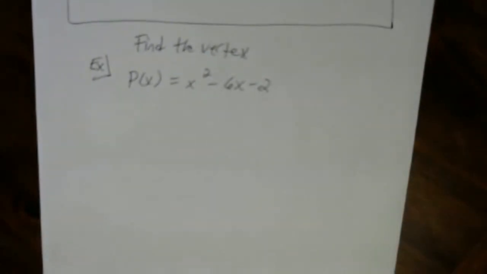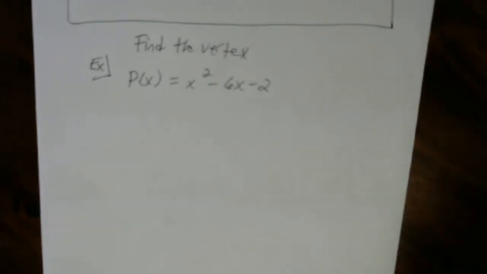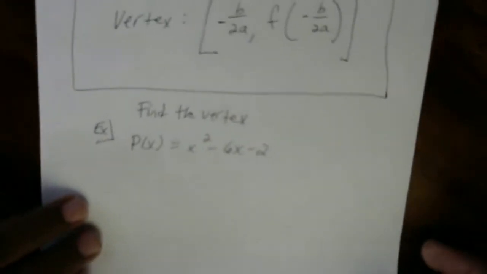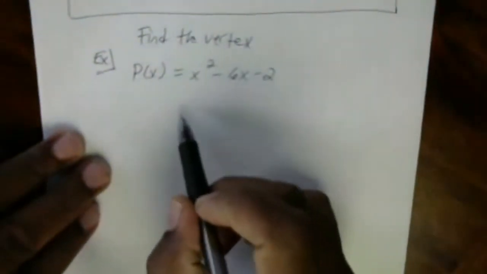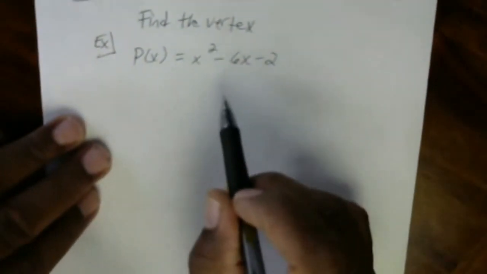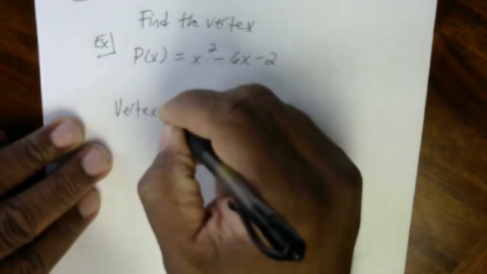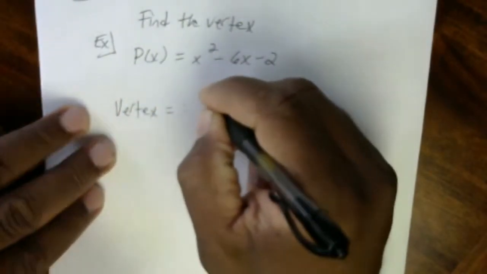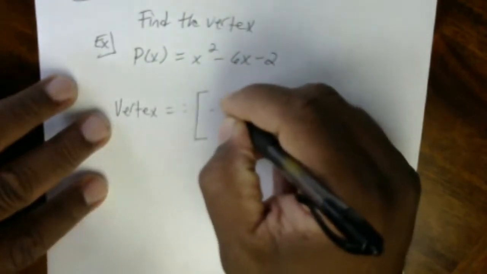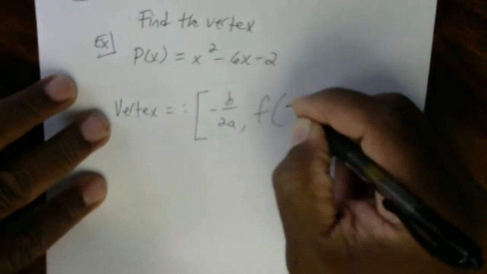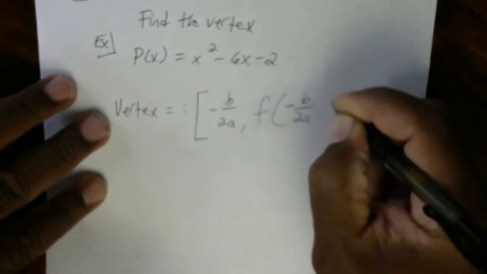All right, and we're going to find the vertex by using that vertex formula. So I'm going to just kind of write the formula underneath the problem. So the vertex is equal to negative b over 2a, comma f of negative b over 2a.